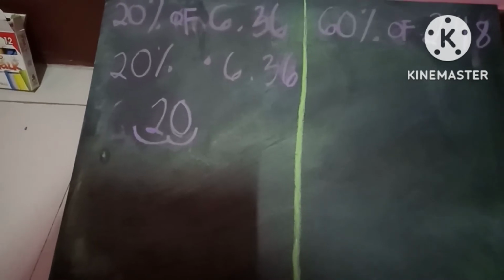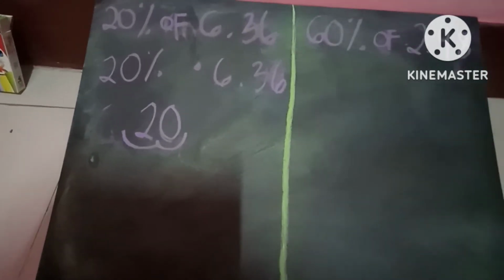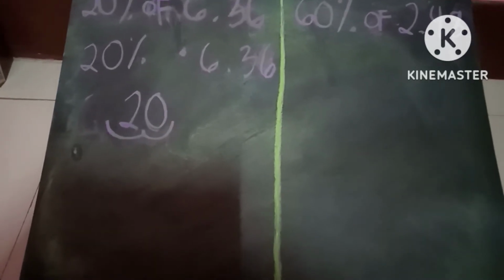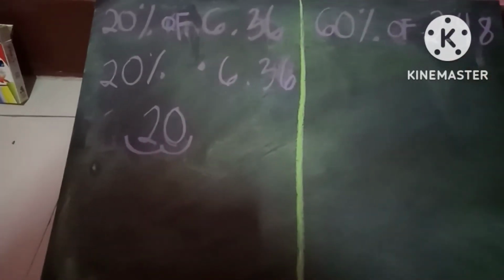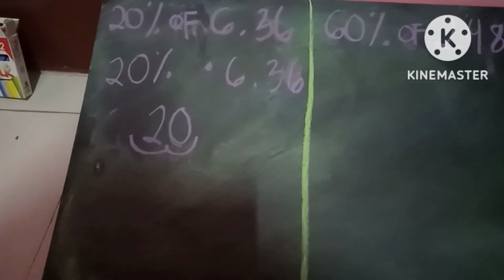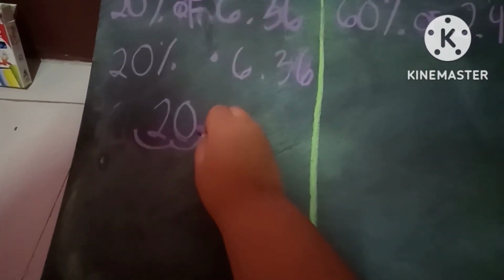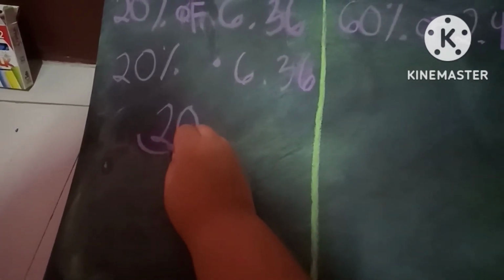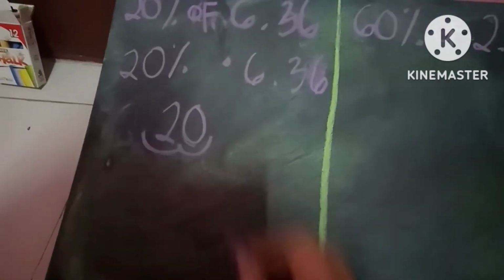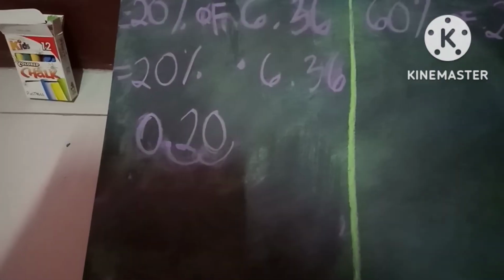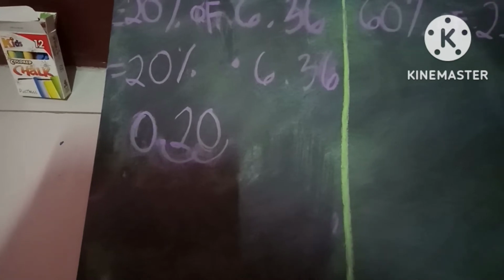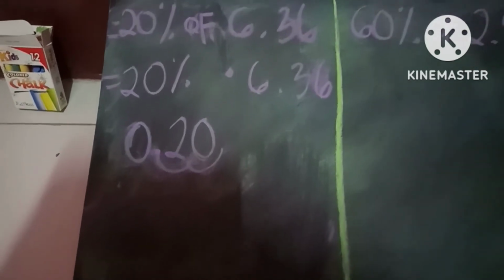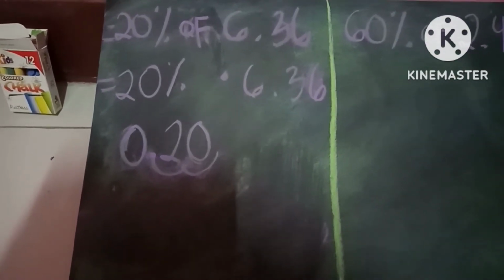Now, to figure out the decimal of the 20%, we would find out the place of the decimal, and we would move to the left. That's where we will get the 0.2, which is the decimal form of the 20%.